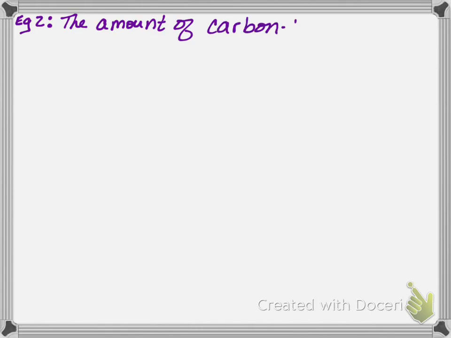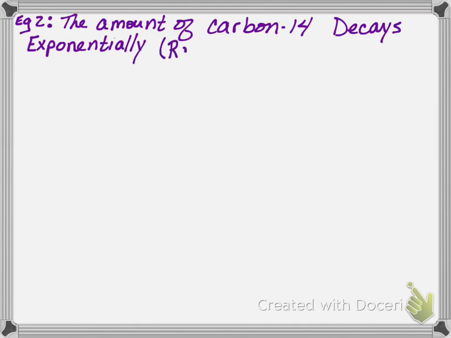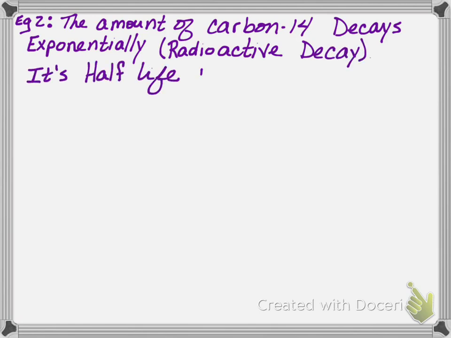Our second example is talking about the amount of carbon-14. Carbon-14 is a radioactive element, and it decays exponentially. Maybe you've heard of radioactive decay. The half-life of carbon-14 is 5,730 years.